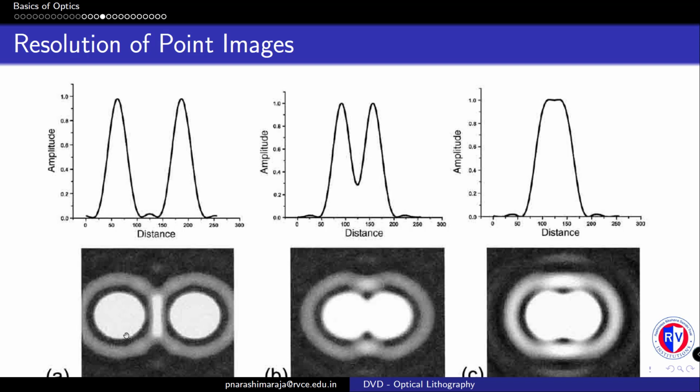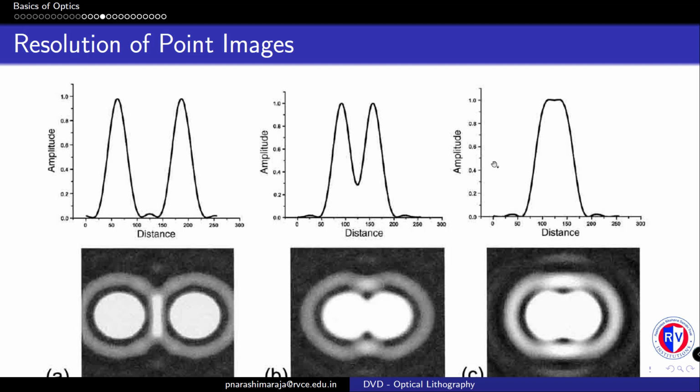Now when these two sources are brought close together by reducing the angle between them, the Airy discs move close to each other, and once they reach an angle theta equal to theta minimum, the image on the image plane is barely noted as two separate sources, as shown in both these pictures.